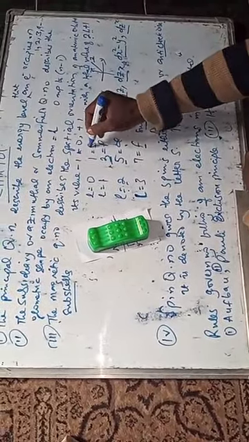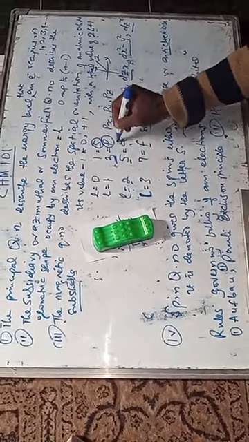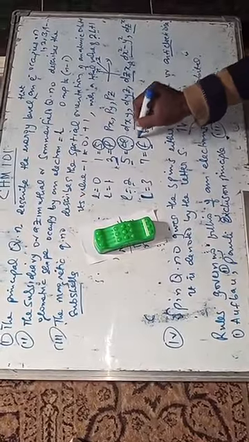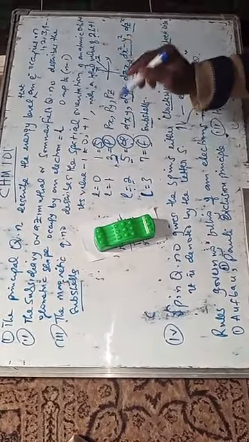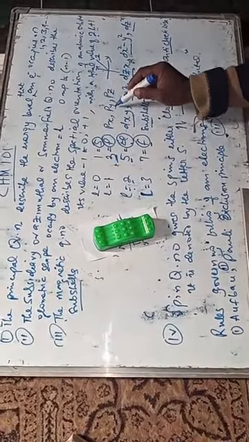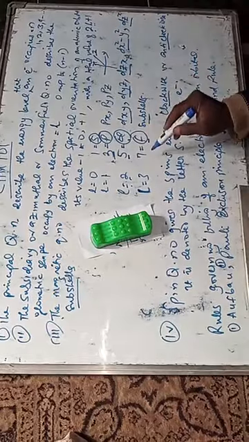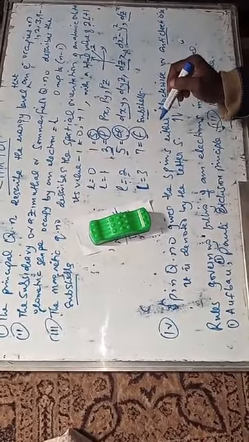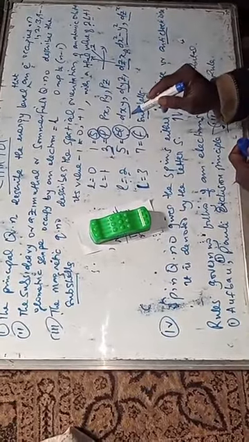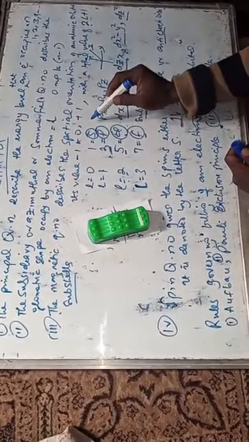We have 4 types of orbital: the s orbital, the p orbital, the d orbital, and the f orbital. We have 1 type of s orbital, 3 types of p orbital, the px, the py, and the pz, 5 different types of d orbital, and 7 types of f subshell. Each one of them can accommodate a maximum of 2 electrons.